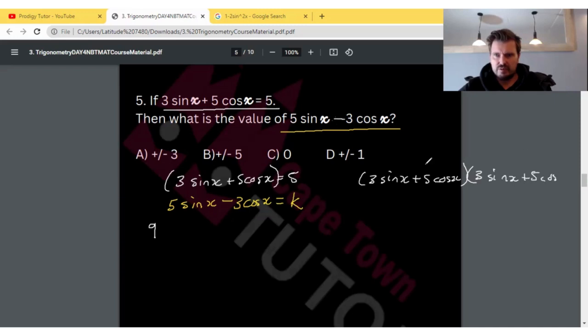Okay, so that's what happens when you square it. 3 sine x times 3 sine x is 9 sine squared x. Then the last term will be 5 cos x times 5 cos x, which is 25 cos squared x. I'm going to do the last term here.